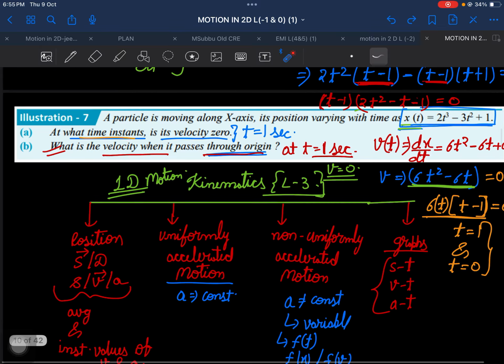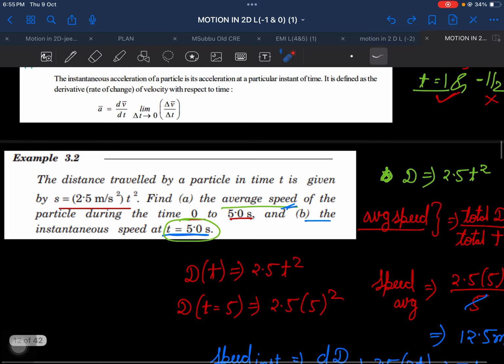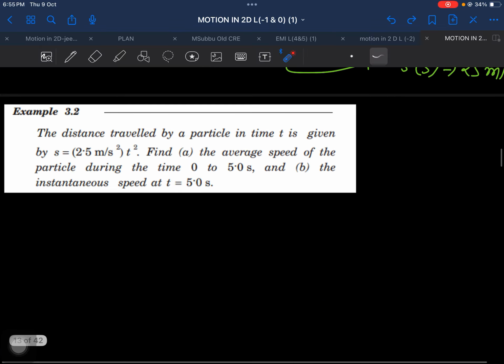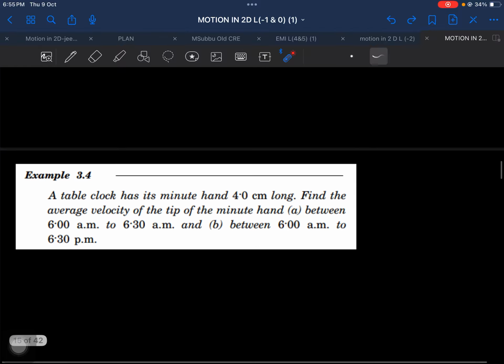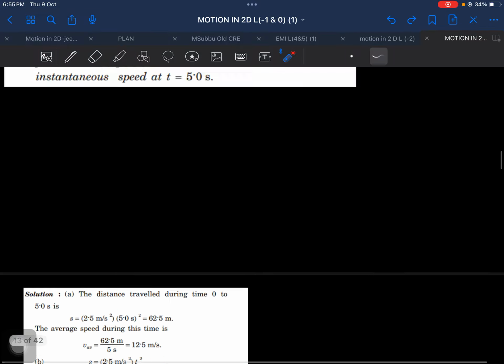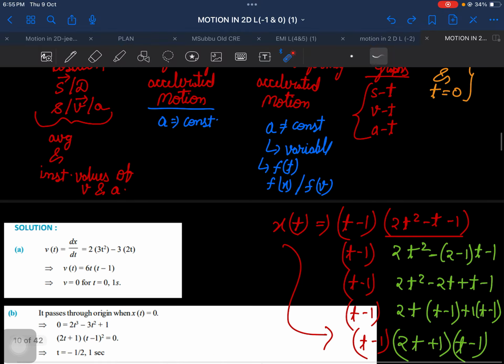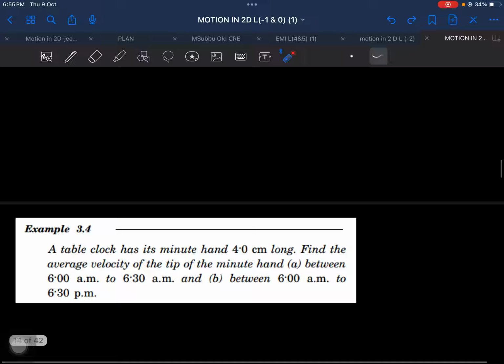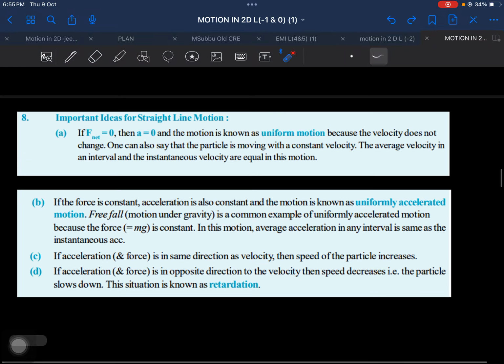We have solved 2 to 3 examples, and today we will see one basic example based on our simple concept, and then we'll move towards the concept of uniformly accelerated motion.